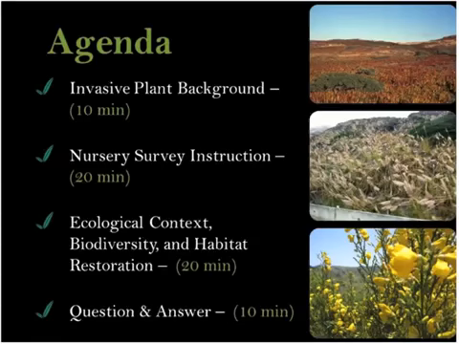And then we will conclude with a 20-minute segment on the ecological context, biodiversity, and habitat restoration as it relates to invasive plants. And as I mentioned, please feel free to ask questions through the chat box on the bottom right side of the page throughout this entire webinar, and we will get back to you about them at the end.